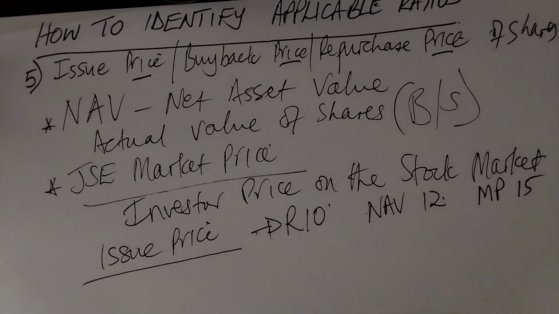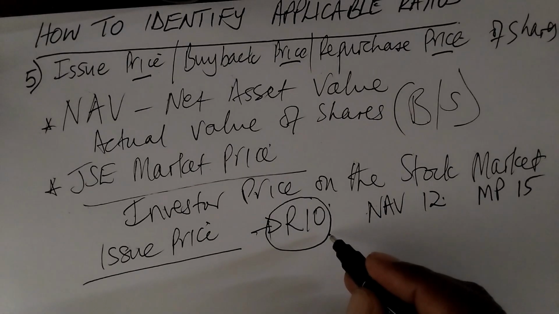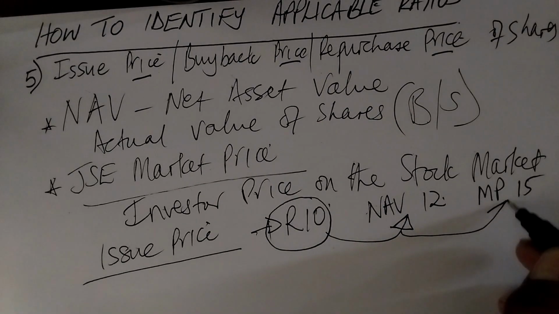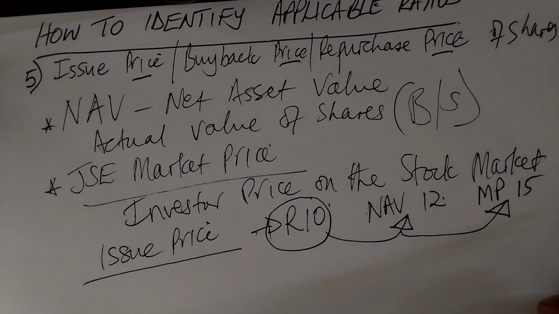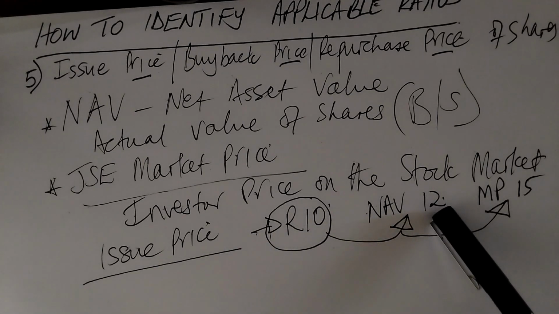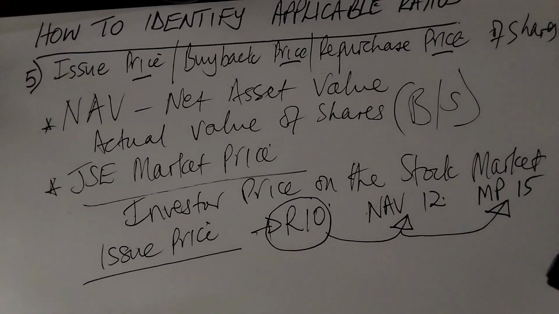What you then do is say the issue price of 10 rand is below the actual value of the shares of 12 and below what investors are willing to pay on the JSE of 15. From the perspective of a shareholder, I would not be happy because the company is being shortchanged. If the shares had been sold at their actual value, they would get 2 rands more per share. If the shares had been sold on the JSE, they would get 5 rands more than the price at which the shares were eventually sold.